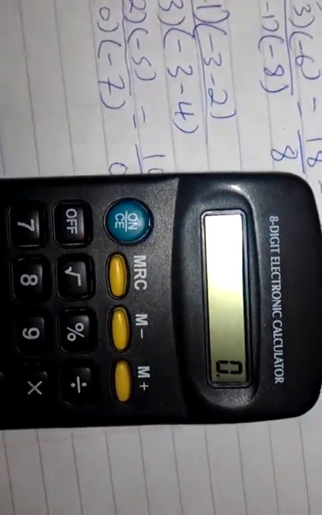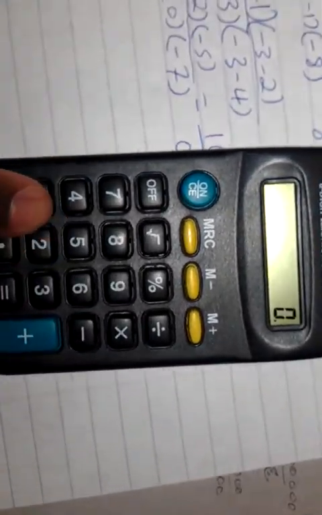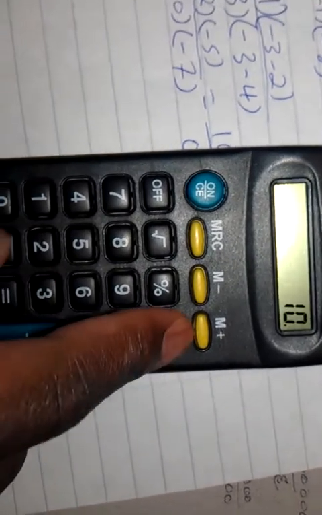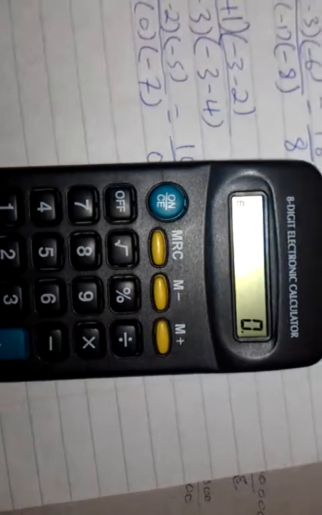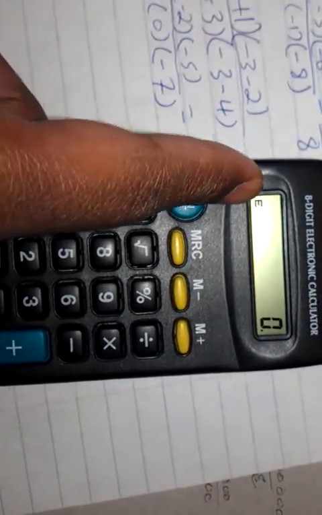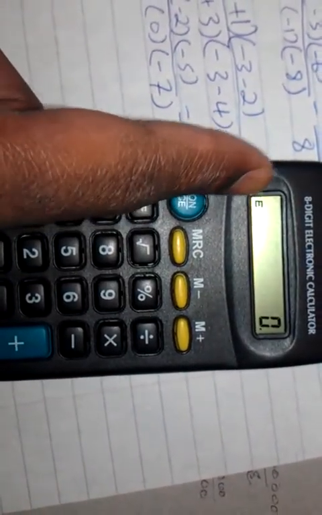You could punch that into a calculator, 10 divided by 0, and you will see that it's an error. Can't work. Let's actually try that out on the calculator right here. Turn it on. Let's divide 10 by 0. What do we get? Actually, that E stands for error, which means it doesn't really work. It's undefined in this case.